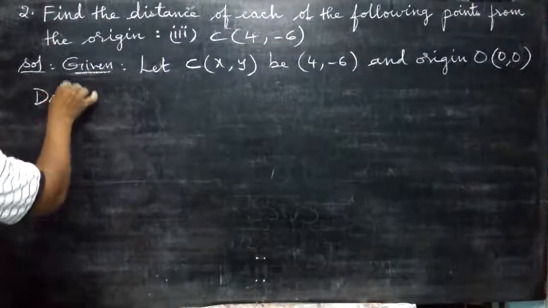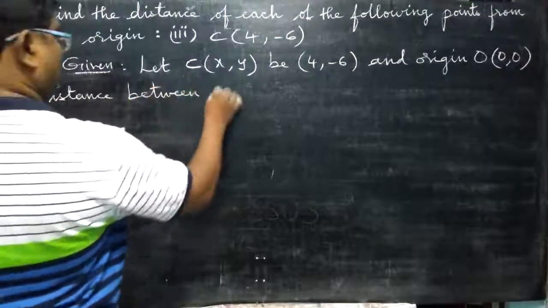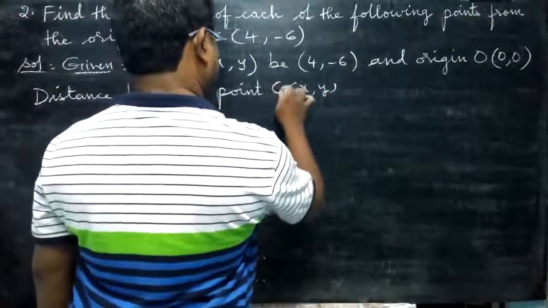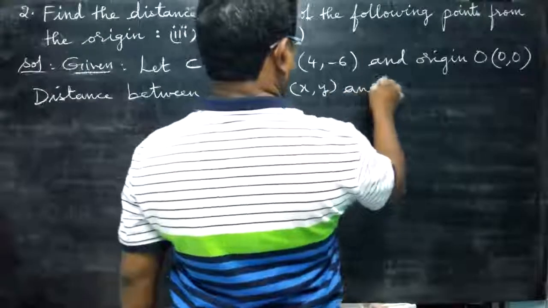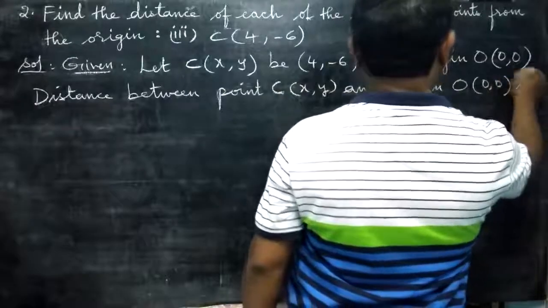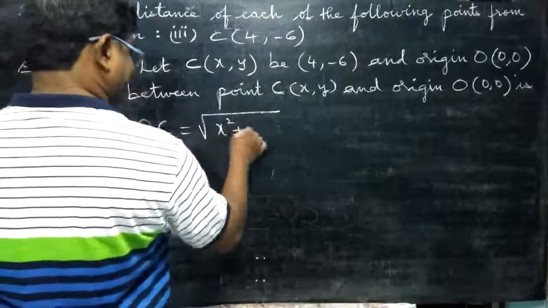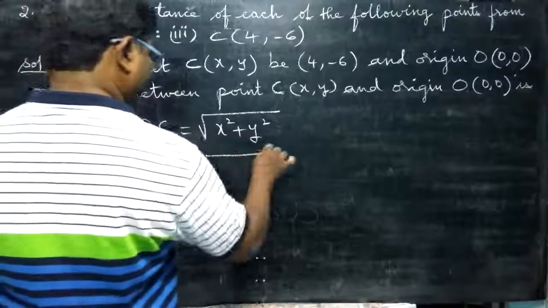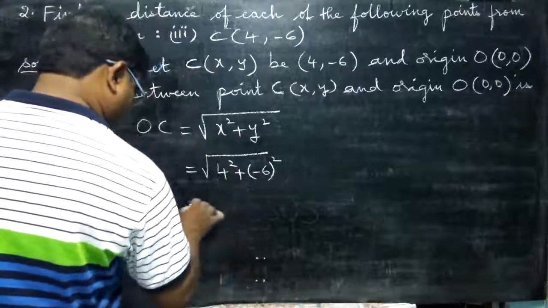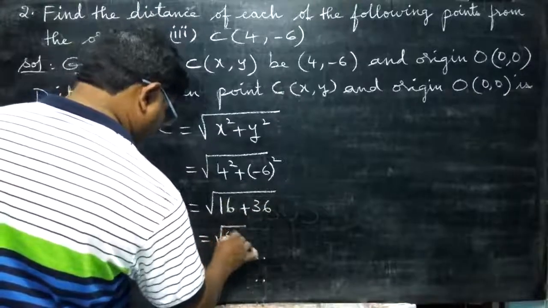Now the distance between point C x comma y and origin O 0 comma 0: OC is equal to the formula square root of x square plus y square, square root of 4 square plus (minus 6) whole square. 4 4s are 16, 6 6s are 36, square root of 52 units.